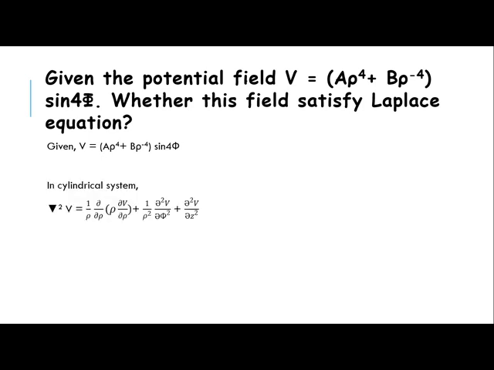In cylindrical coordinate systems, del square V is given by 1 by rho partial differential of rho del V by del rho, plus 1 by rho square double partial differential of V with respect to phi, plus double partial differential of V with respect to Z. This is how Laplace equation is given in cylindrical coordinate system.